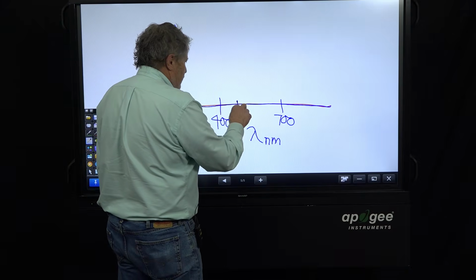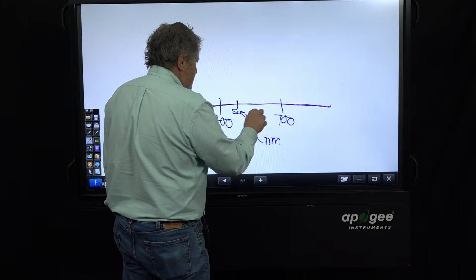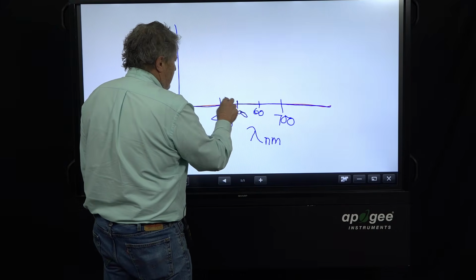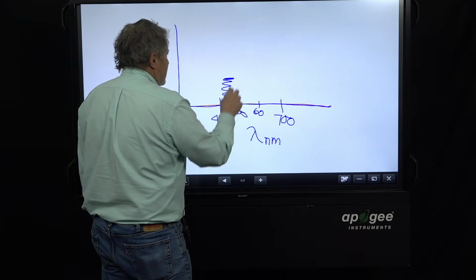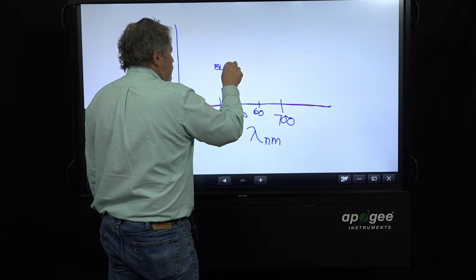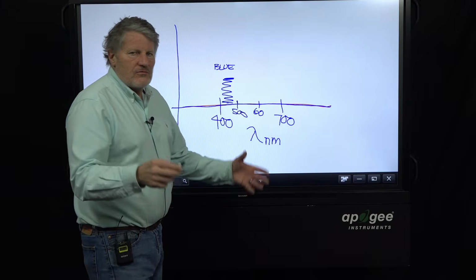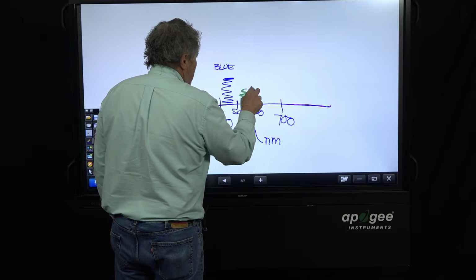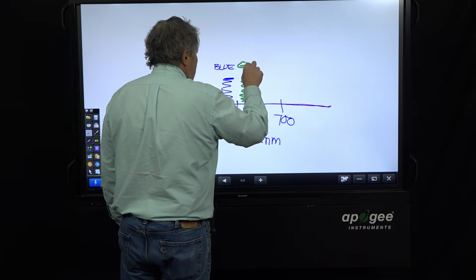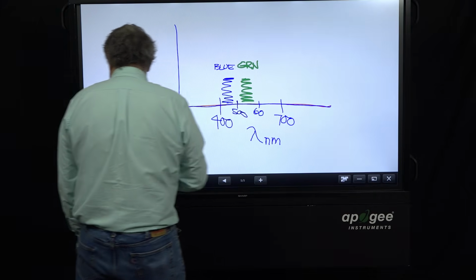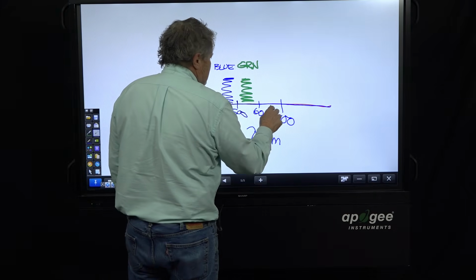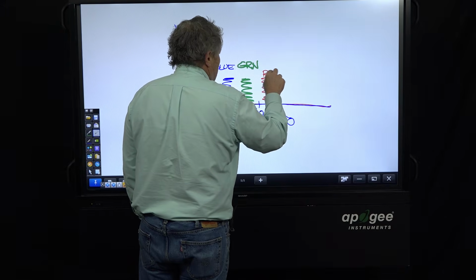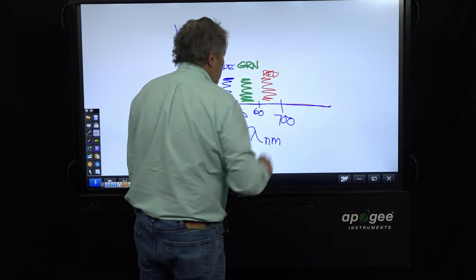Right here, if we do 500 and 600, this area right here, 400 to 500, is blue. It looks blue to the human eye, and we call that range blue. Now we go to 500 to 600, and that range is green. And now we go to 600 to 700, and that range is red. For many of you, this is review, but it's important to have the basics.